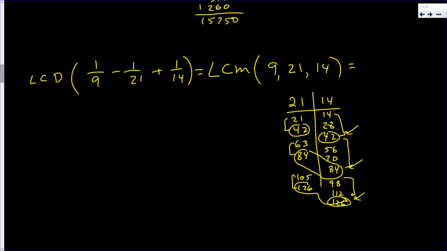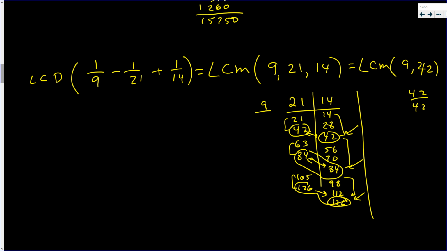So, the only way 9 is going to match is if 42 is on the 9 table, or 84 is on the 9 table, or 126 is on the 9 table. This reduces to the LCM of 9 and 42. Well, we have the first few multiples of 42.